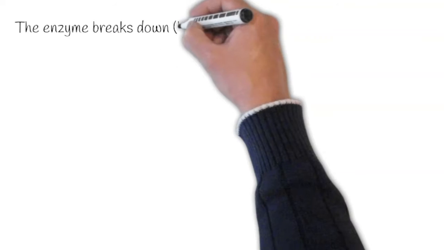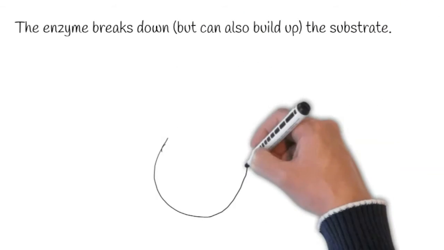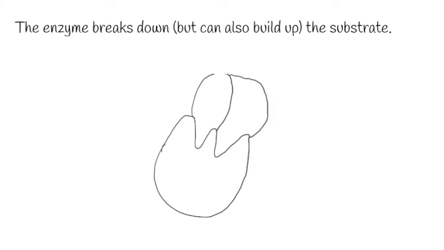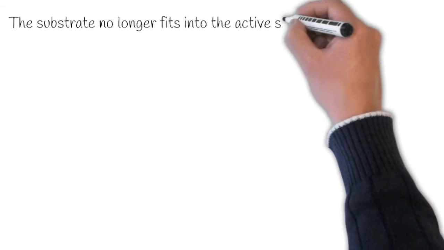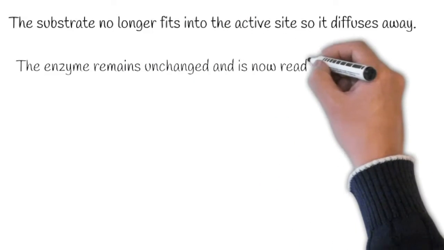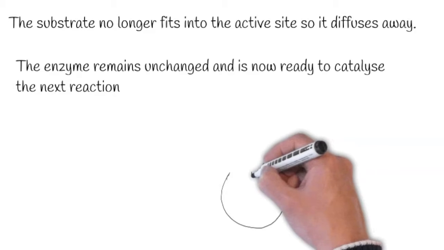The enzyme breaks down but can also build up the substrate, as seen here. The substrate no longer fits into the active site, so it diffuses away. The enzyme remains unchanged and is now ready to catalyze the next reaction.